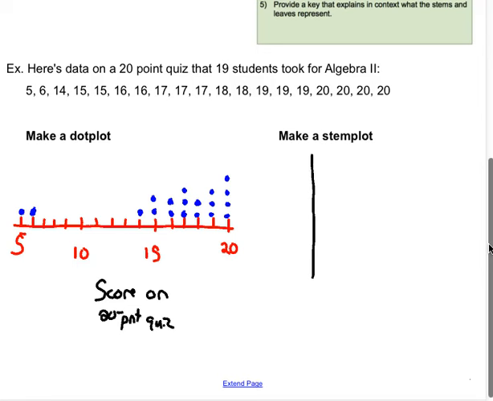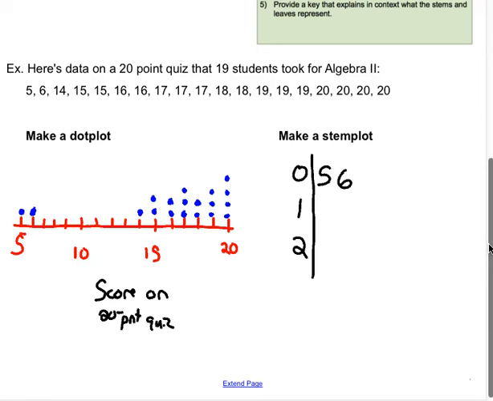So here I'm looking at single digits, teens, and in the 20s. So that's what goes on the left-hand side, the stem. So the 0 is going to represent any single digit. So then the 5 and the 6 come over here.